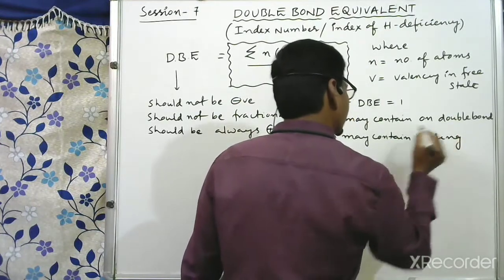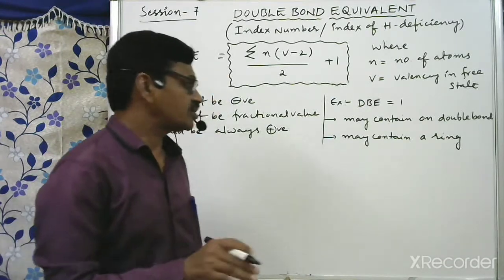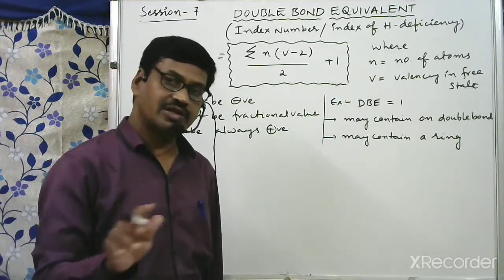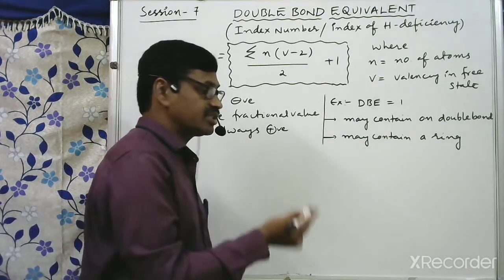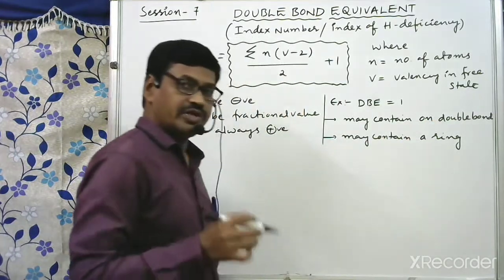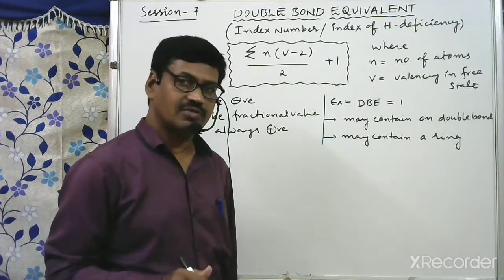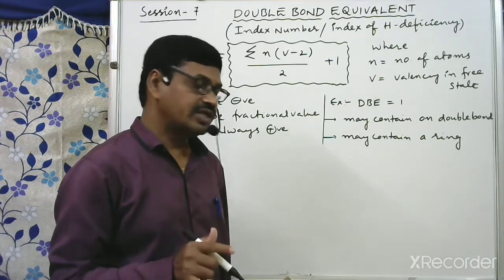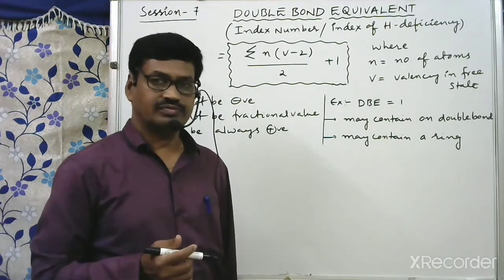Two rings are not possible, two double bonds are also not possible, even one triple bond is not possible. So we have to try writing different structures with respect to this. We have to try to write a one-double-bond-containing compound with the same molecular formula, and we have to try to write a one-ring-containing compound also.